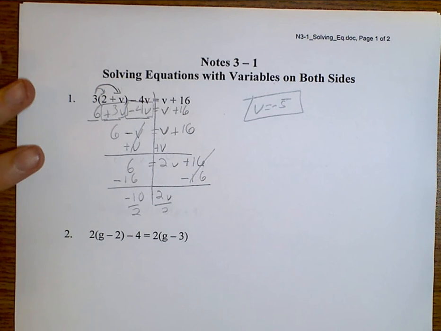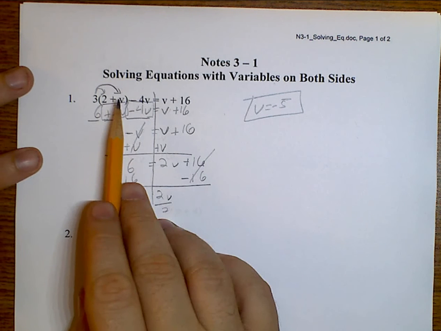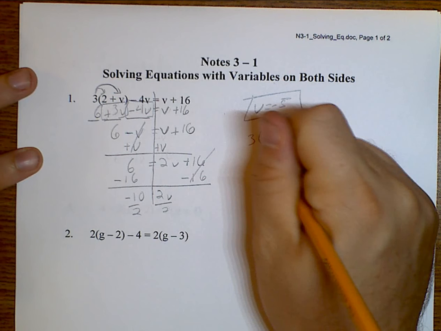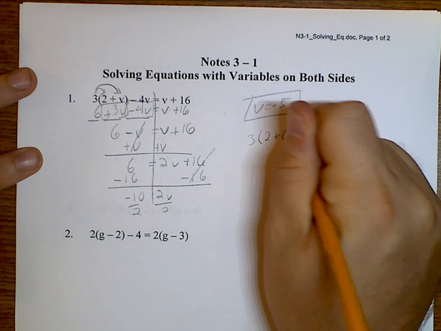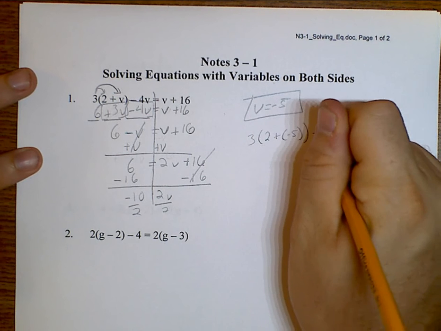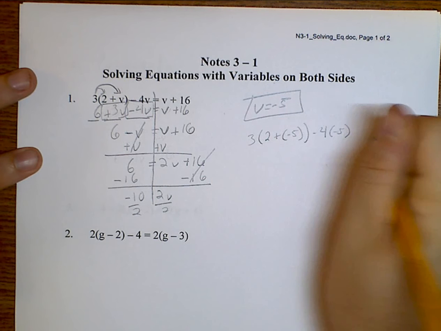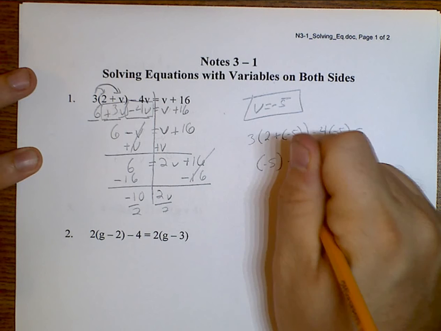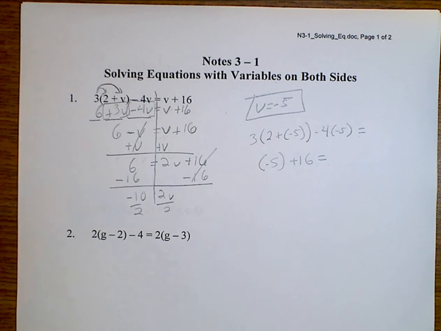Now I can check my answer, and I just simply do that by replacing v with negative 5. You'll notice I always put it in parentheses.